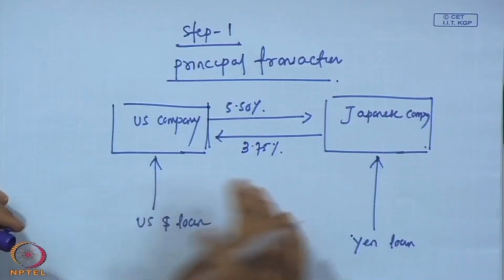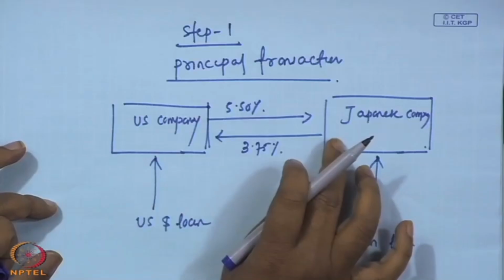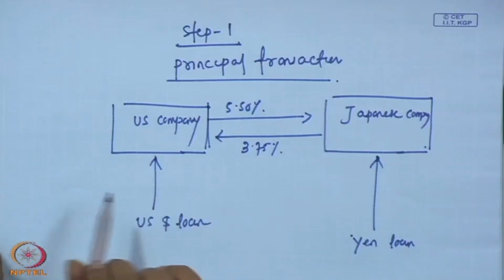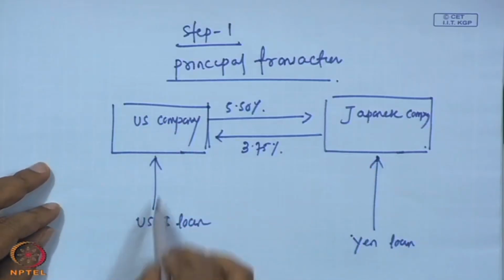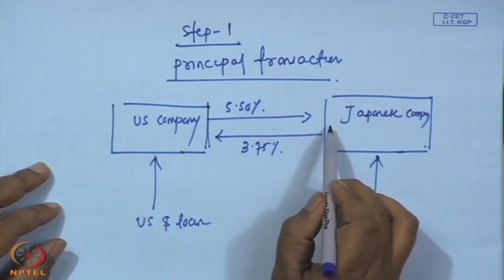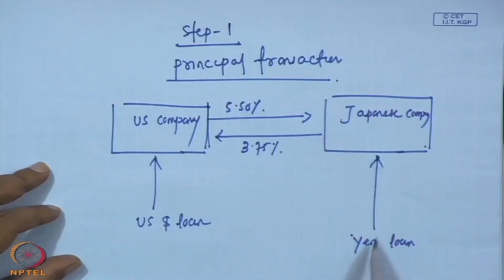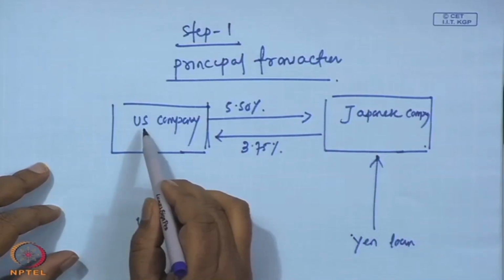So, the yen principal and the US dollar principal transaction take place here. The US dollar principal will go to the Japanese company, and the yen principal will go to the US company.